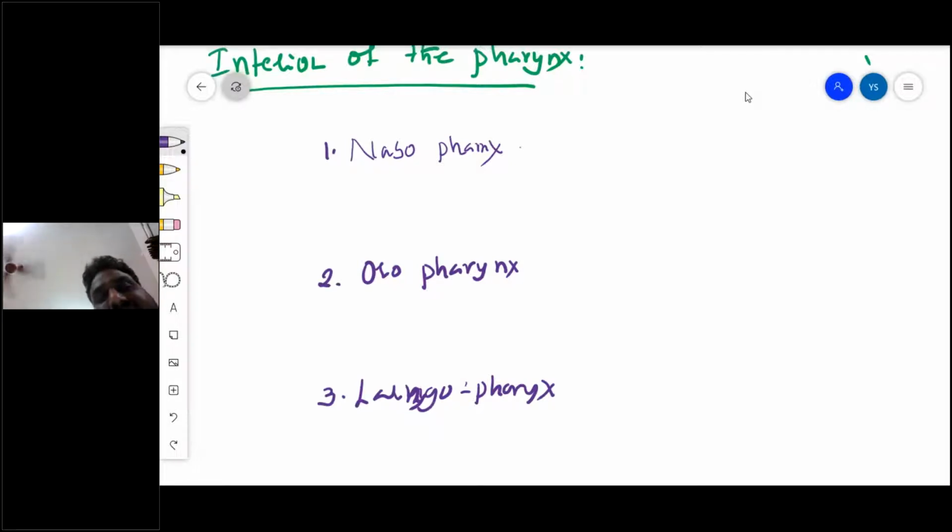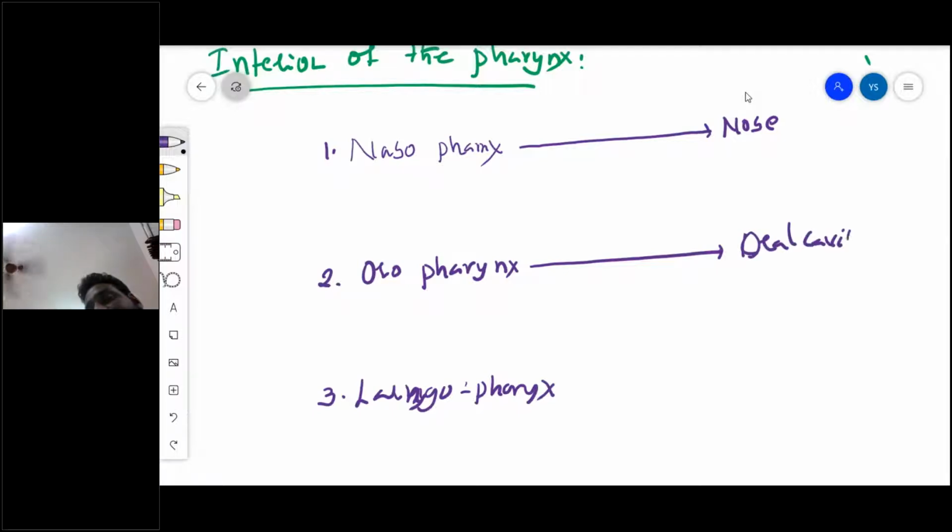Nasopharynx communicates with the nose and nasal cavity. Oropharynx communicates with the mouth, oral cavity. Laryngopharynx communicates with the larynx. This thing you know.